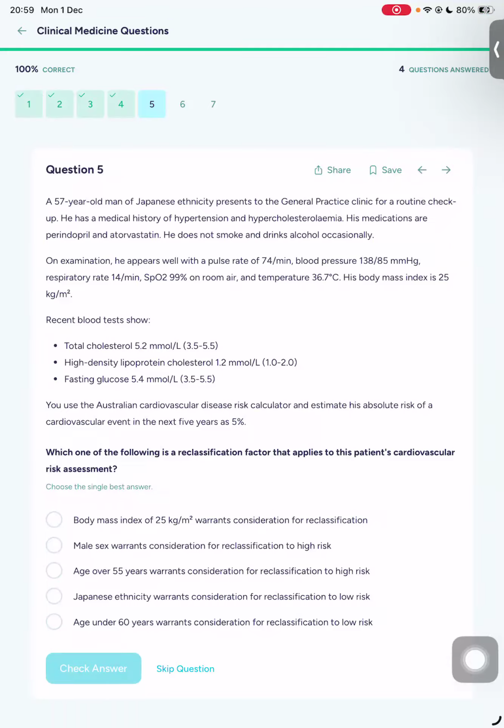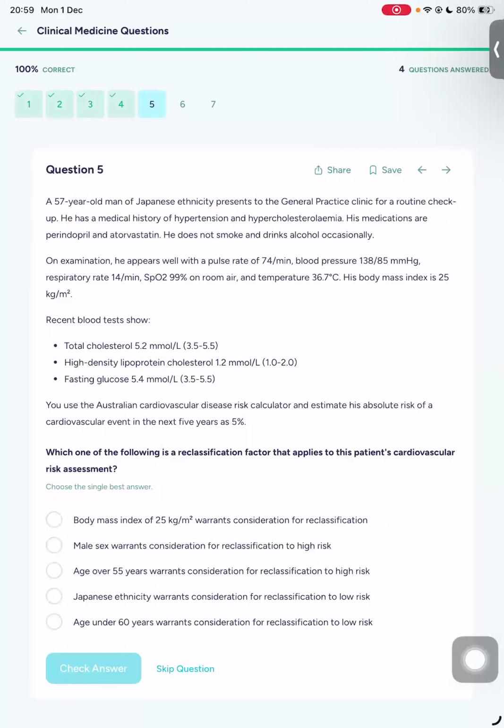All are normal, right? You use the Australian cardiovascular risk calculator and estimate his absolute risk of a cardiovascular event in 5 years as 5%. Okay, so which one of the following reclassification factors applies to the patient's cardiovascular risk assessment?